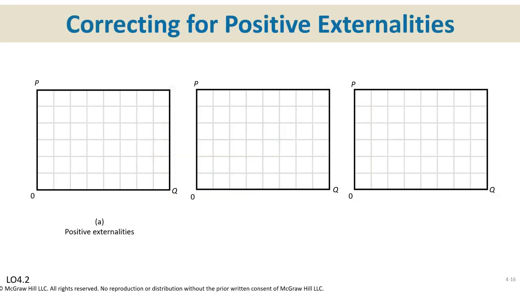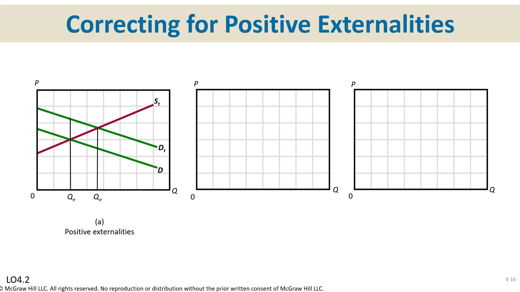And this is when we get around to correcting for the positive externalities. Again, what we're hoping to achieve. So you're starting to change the demand.